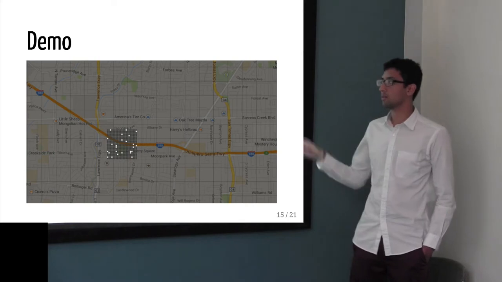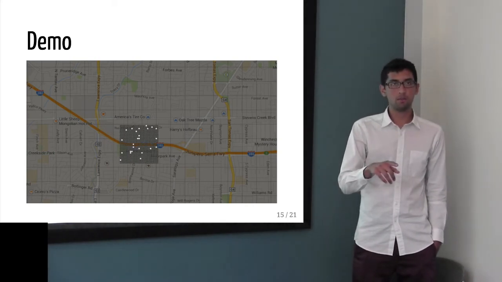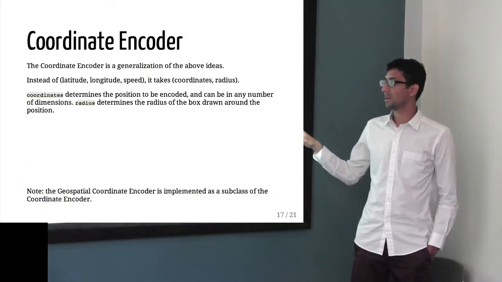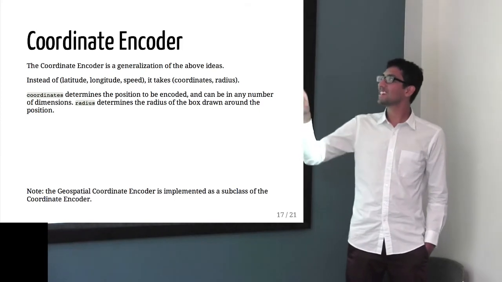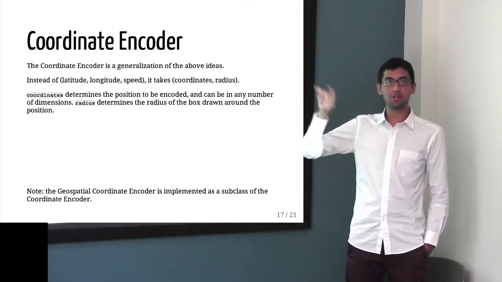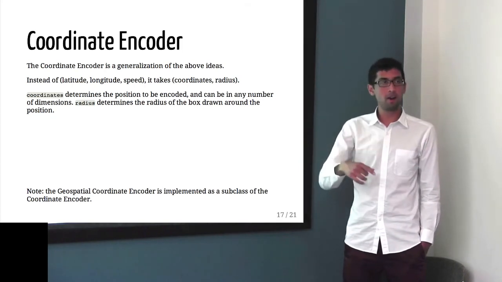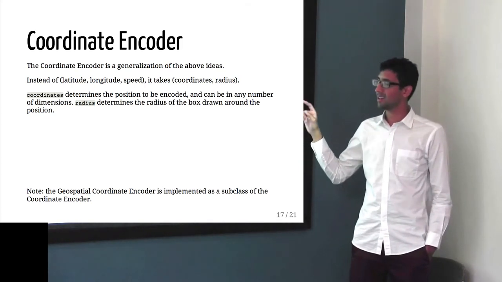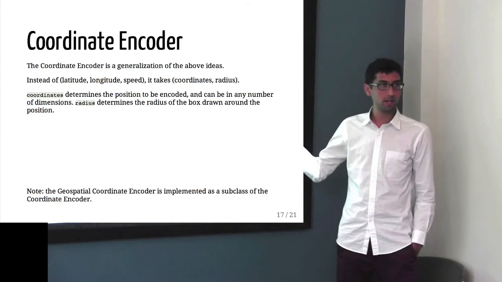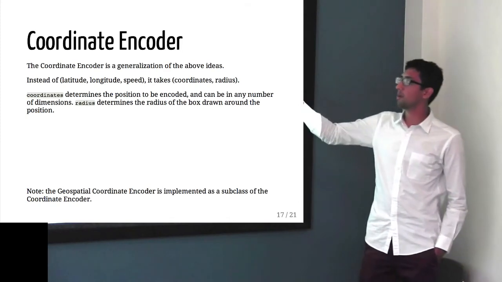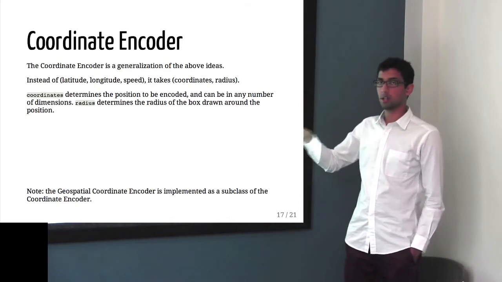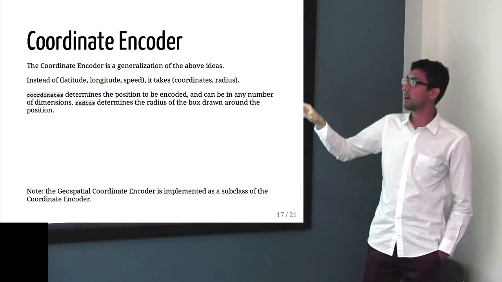Yeah, and that's even more clear in the next slide, or the slide after this one. The coordinate encoder is a generalization of these ideas, and it shows you some of the advantages of doing it this way. It's pretty powerful compared to just encoding each value as a scalar value.